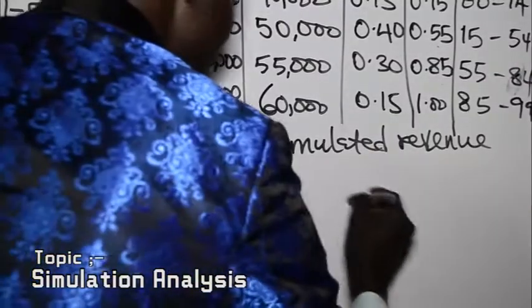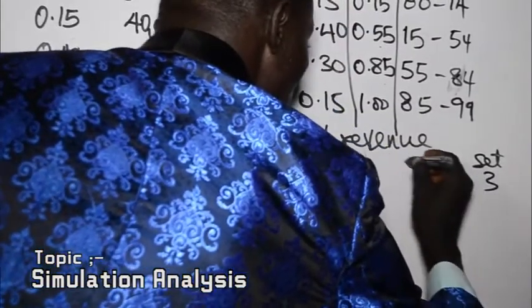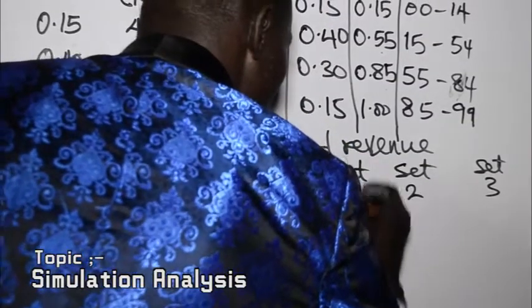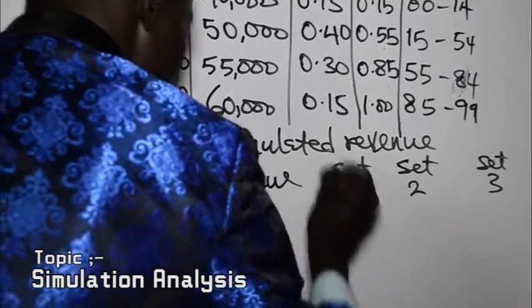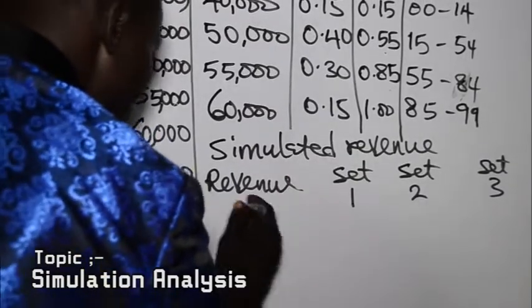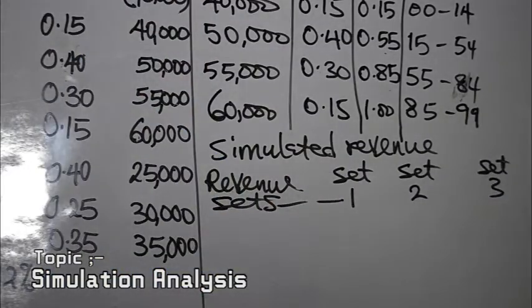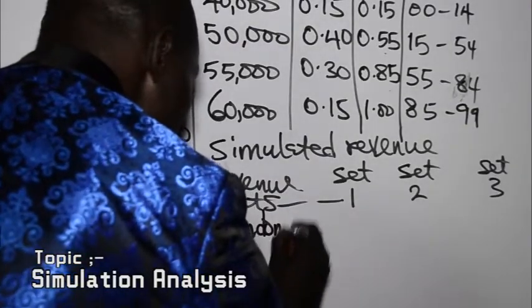We have 3 sets: set 1, set 2, and set 3. Then we have our revenue. These are the 3 sets we have. Then the next thing is the random number.